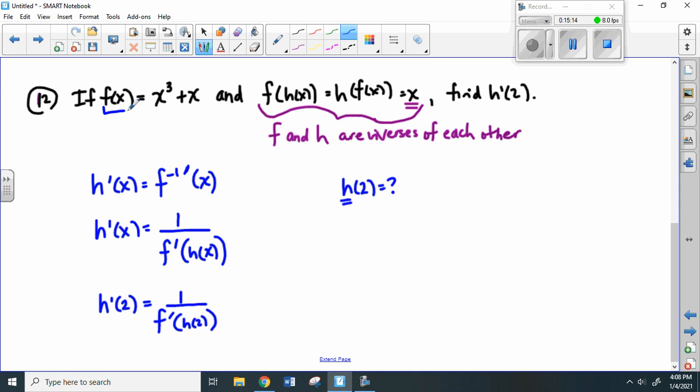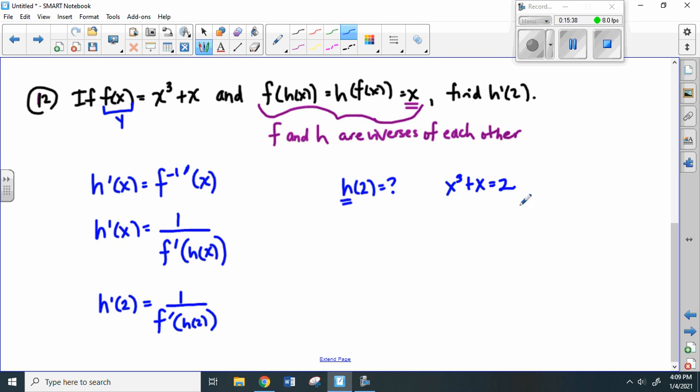All right, well, isn't this the same thing as y? All right, so h of 2, I can find it by actually setting f of x equal to 2. And when I find the x value that makes this equation work, it'll be the y value for this one.